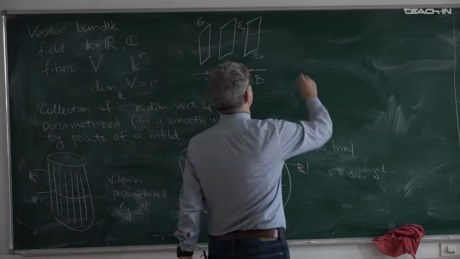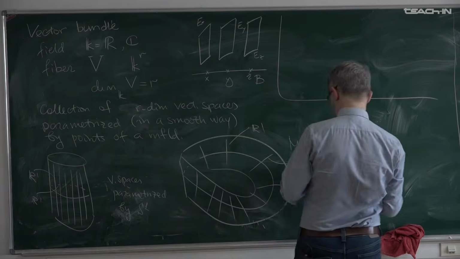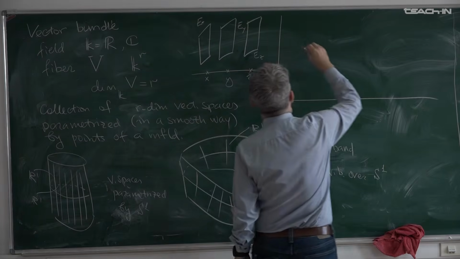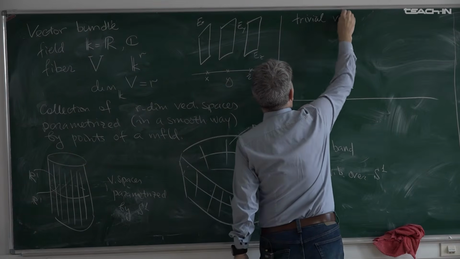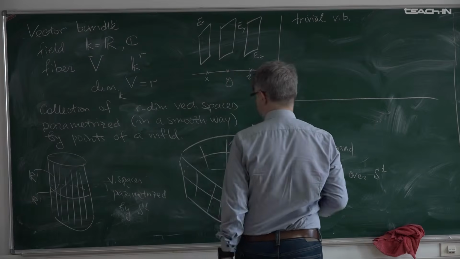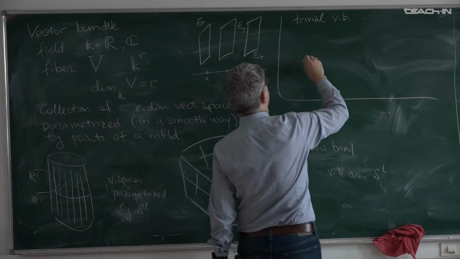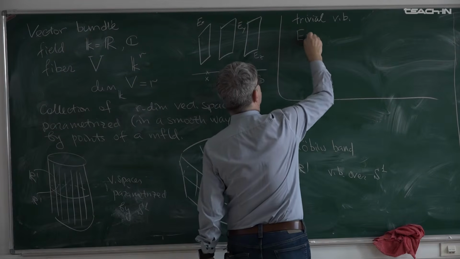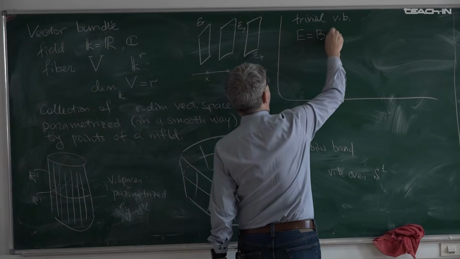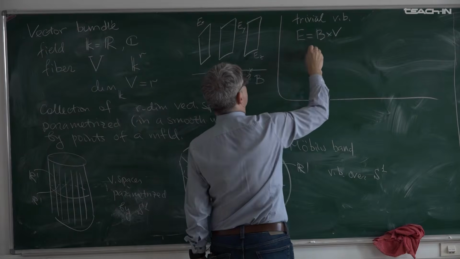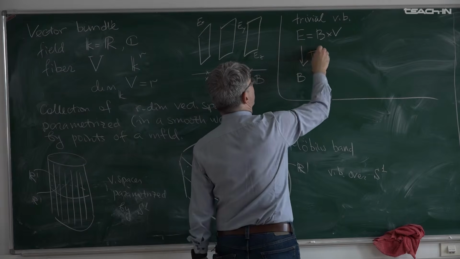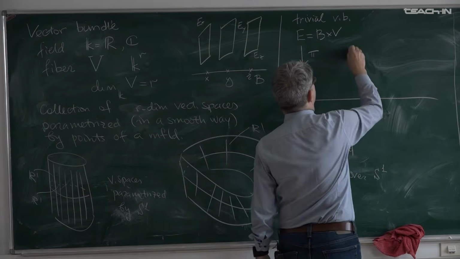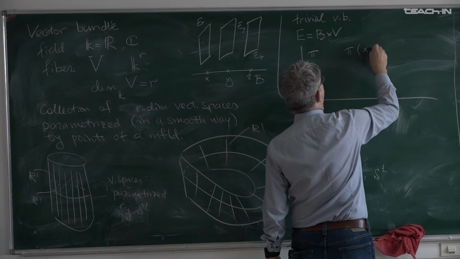How to speak about formulas. Trivial vector bundle. Very simple thing. You have total space, which is the direct product of base B by your vector space V, and it is projected to the base by P. That projection is given by a very simple formula.